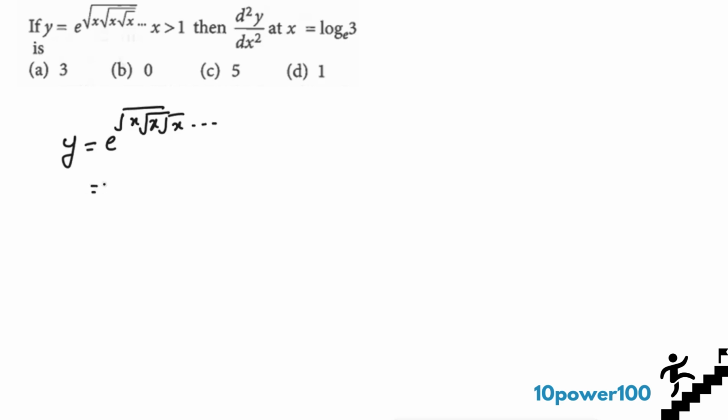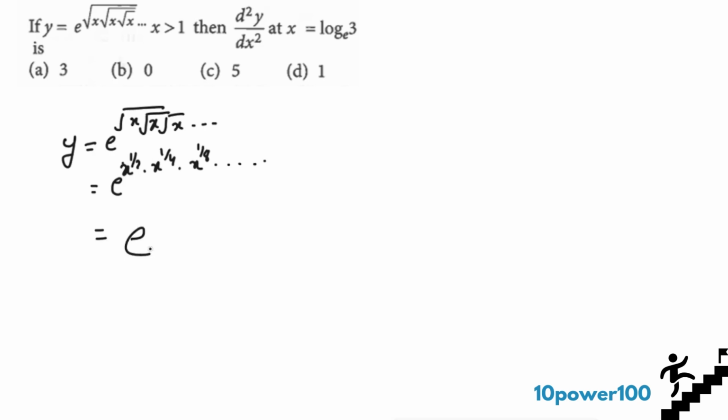What we have to do is, let us take this as e power x power 1 by 2. Now the second x can be taken as x power 1 by 4, right? Yes. Now the third function can be taken as x power 1 by 8. The series goes like this. Okay. Now when the bases are the same, we can add up the powers.